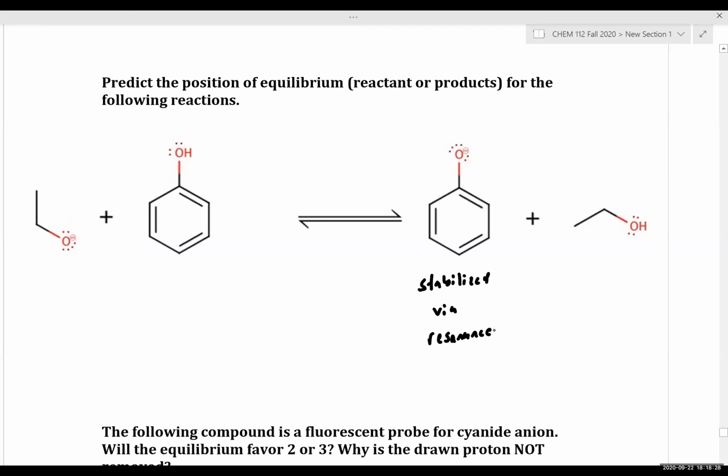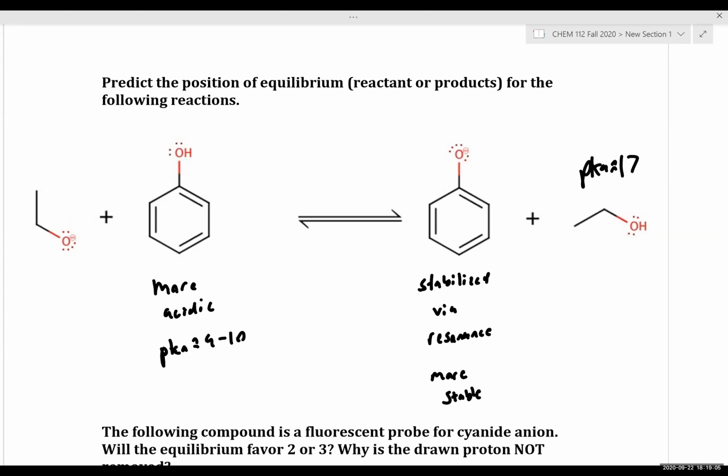And as a result, this conjugate base is more stable, and our acid is going to be more acidic because it generates a very stable conjugate base. So then, with this information in mind and adding in the pKa values, pKa of around 17, pKa of around 9 to 10, is this reaction reactant or product favored?